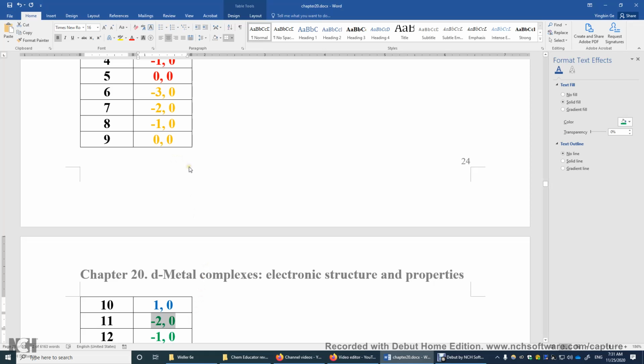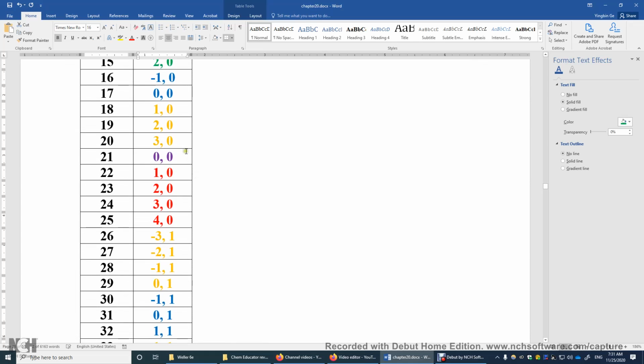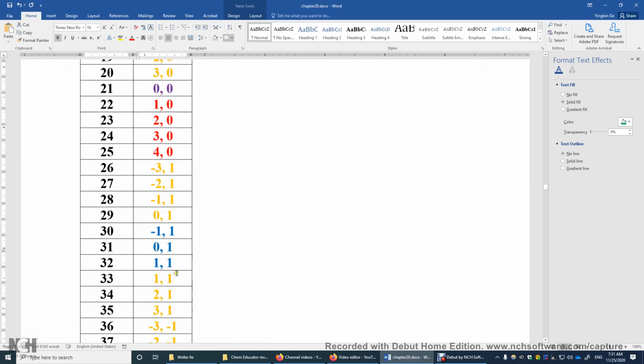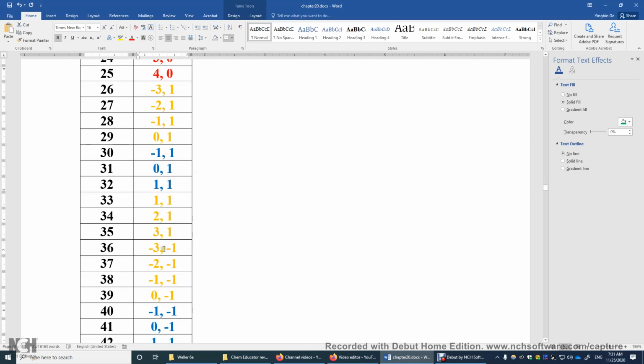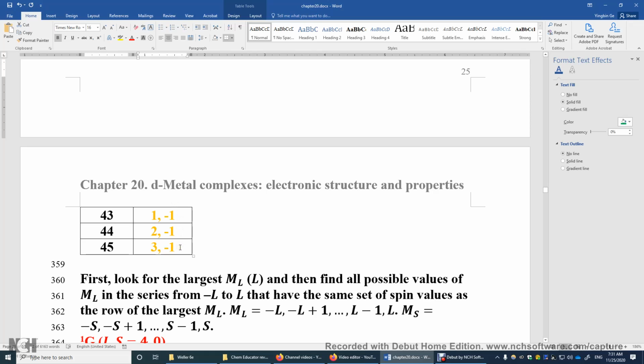All right, so again, we'll find 21 of them. You have 4 here, 3 here, so 7 plus 4, 11, 11 plus 7, 18, 18 plus 3, 21. So you have actually a 7 by 3 table. You have 7 rows of different m sub L values and 3 columns of different m sub S values.